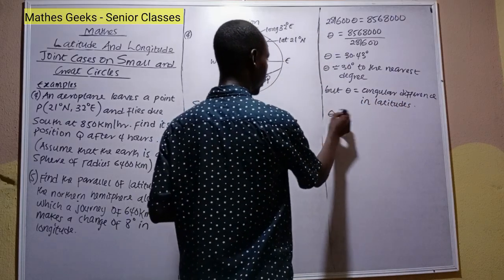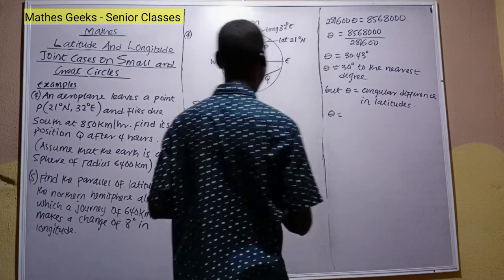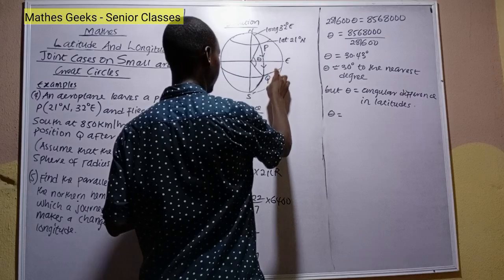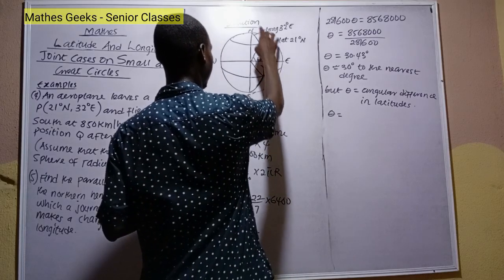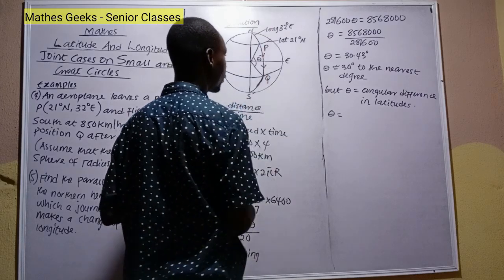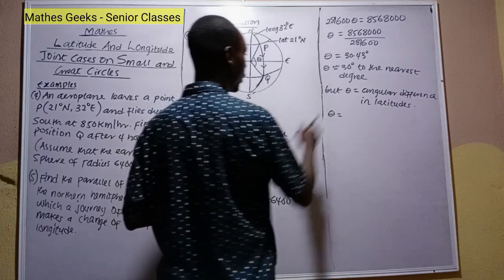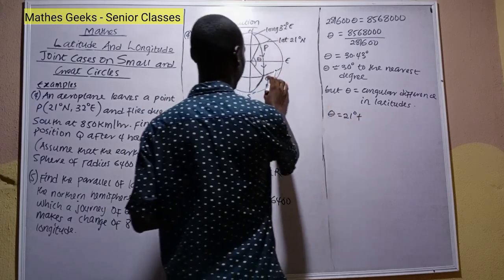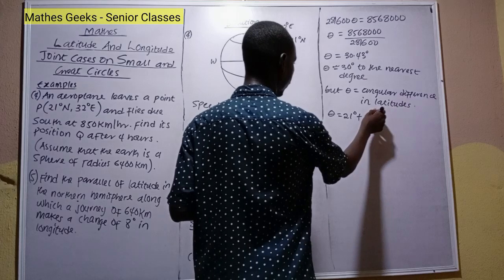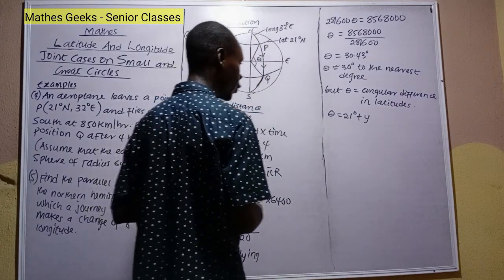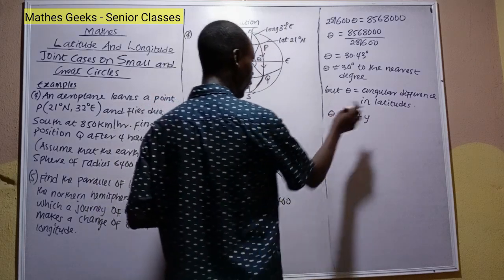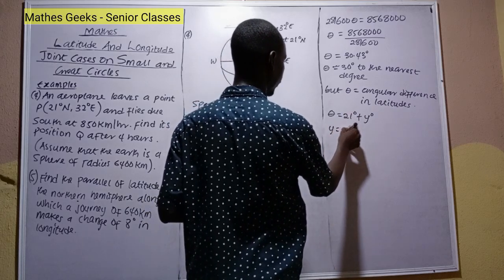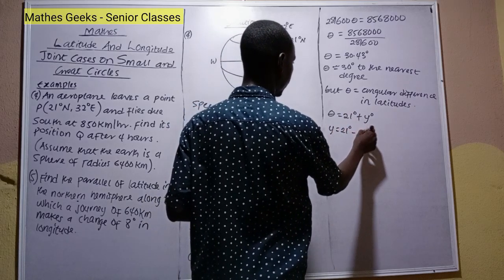So the angular difference in latitude will be the difference between the latitude of P and the latitude of Q. And P is in the north, Q is in the south, so we are going to add both latitudes together. That gives the latitude of P, 21 degrees, plus the latitude of Q, which we represent with y. So y is equal to 21 degrees minus theta.